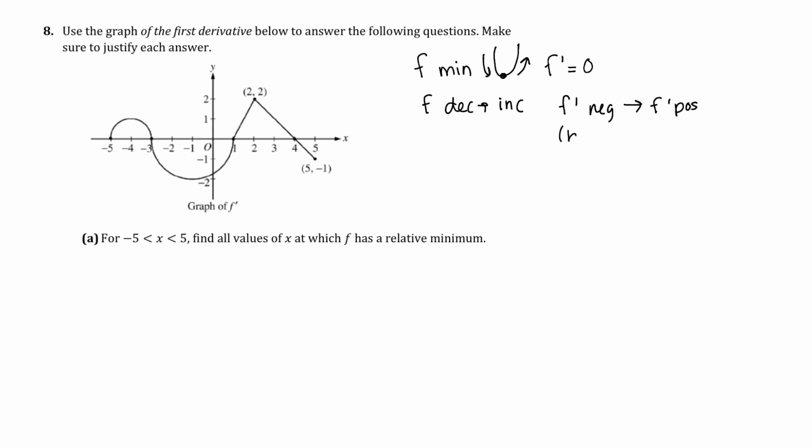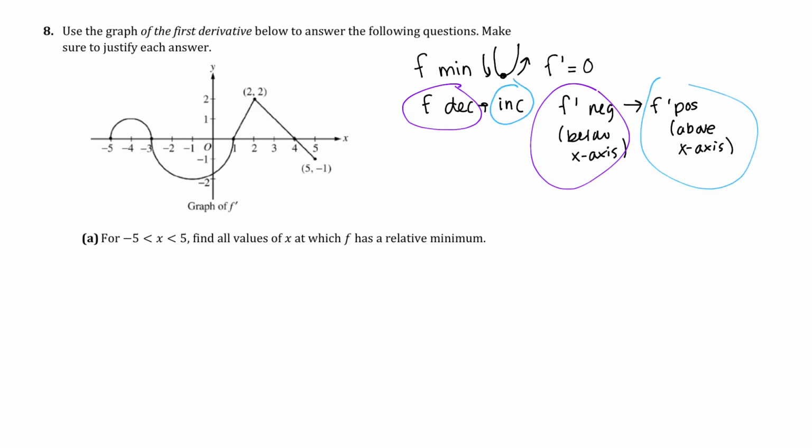Negative meaning below the x-axis, and positive meaning above the x-axis. You just have to write this down, I did this when I was doing the answer key for these problems. If f has a minimum, I know that f goes from decreasing to increasing. If f is decreasing, f prime is negative. And if f is increasing, f prime is positive.